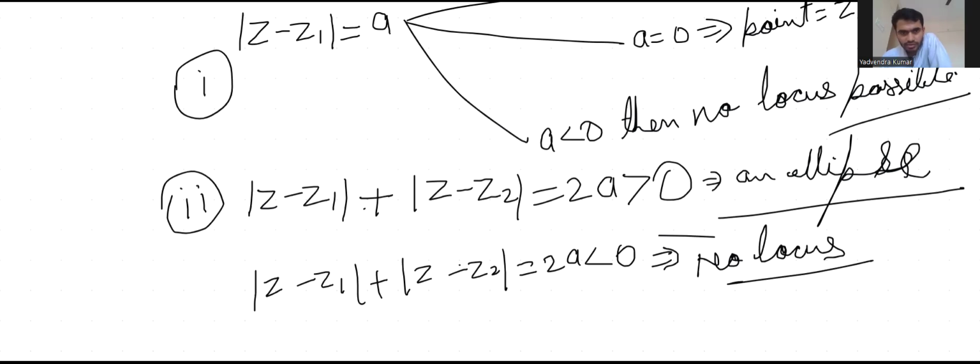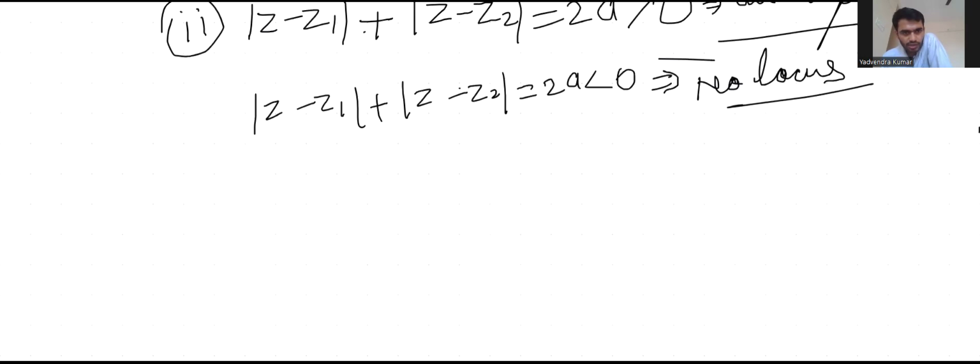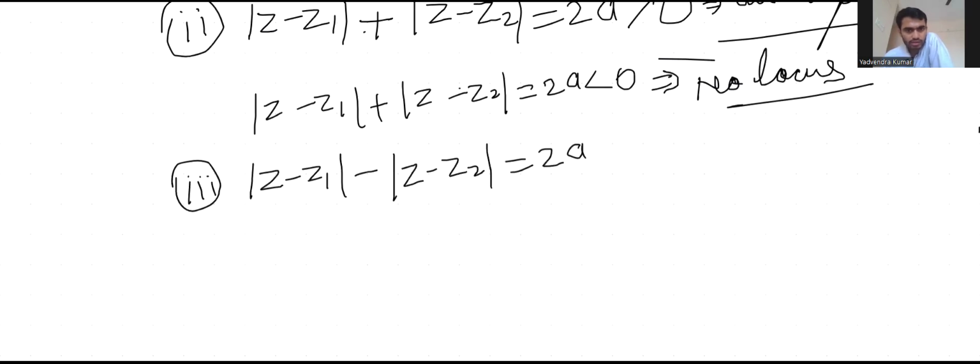Then, if the difference of distances is constant, it is a hyperbola. Something like this: modulus of Z minus Z1 minus modulus of Z minus Z2 is equal to 2a. And here 2a can be negative or positive, that does not matter. So here it will give a hyperbola.